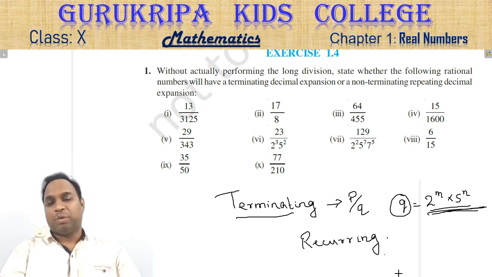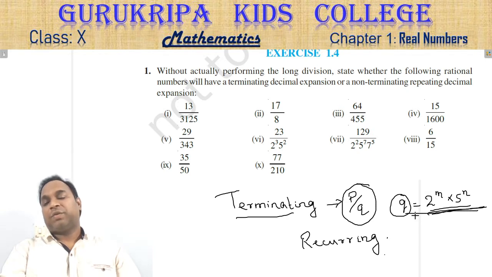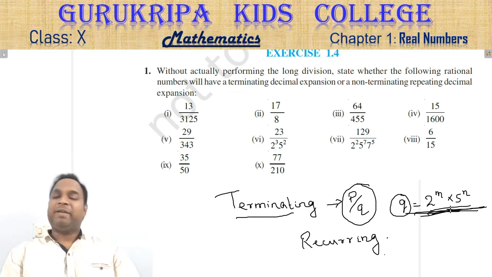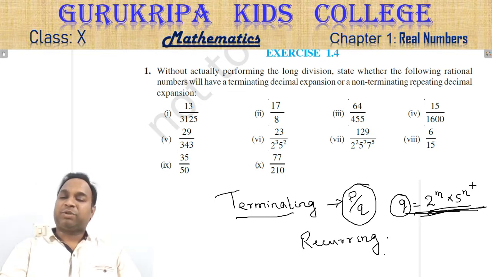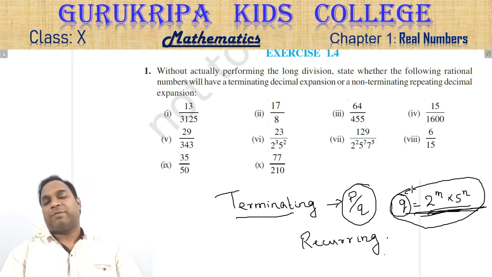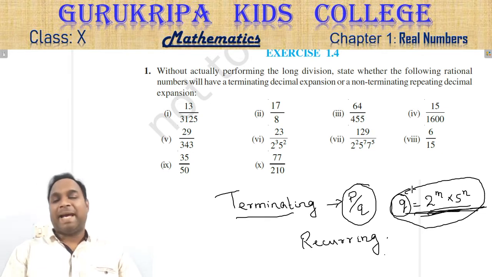Terminating will be true only and only when p by q, where p and q are co-prime, and the factorization of q is of this form, 2 and 5. In that case, the decimal number will be terminating. If the denominator is not of this form, it will be non-terminating. So we just have to convert it into the simplest form and then check whether this condition is true or not.